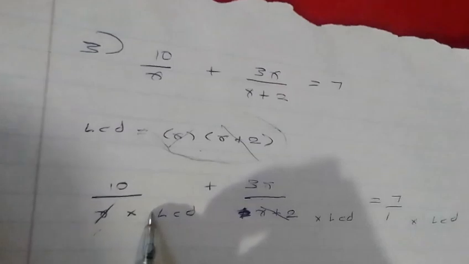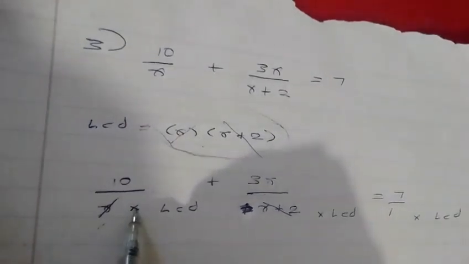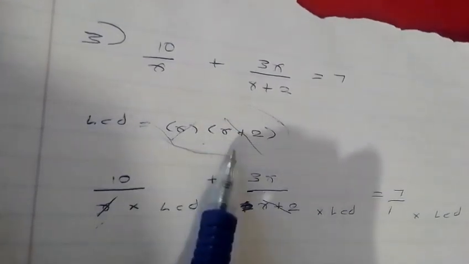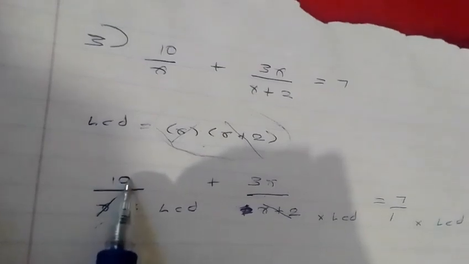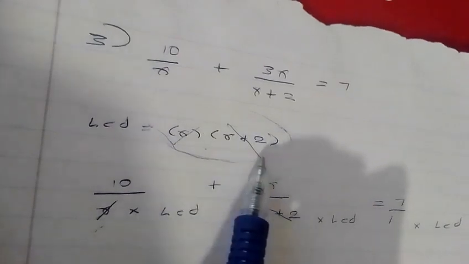From there we multiply the denominators by the LCD. So x and x by the LCD, they both cancel out, so we remain with 10 times x plus 2. And for this x plus 2, x plus 2 by the LCD both cancel out, so it's 3x times x. Then for 7, the 1 times the LCD still remains, so 7 times the whole LCD, 7 times x brackets x plus 2.